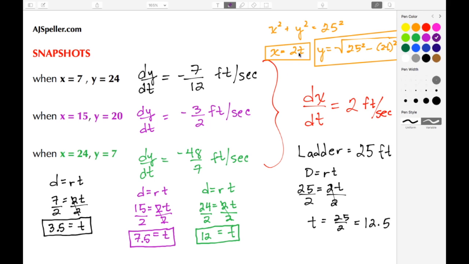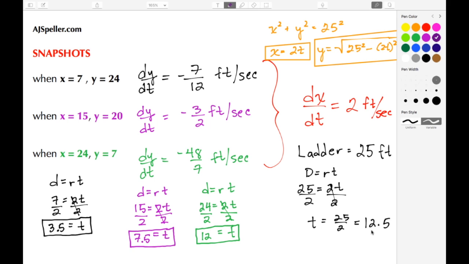We have the parametric equations that we've used in this problem, and we figured out the time at which the base is 7 feet away, the time at which the base is 15 feet away, and the time at which the base is 24 feet away. And finally, we figured out the time it takes this whole model to run through one cycle, where the ladder actually falls completely to the ground.